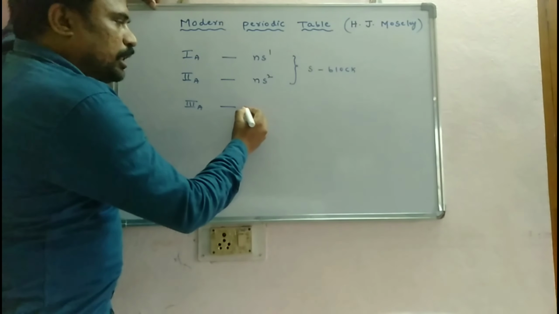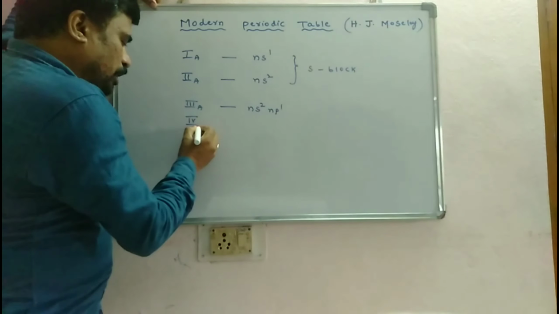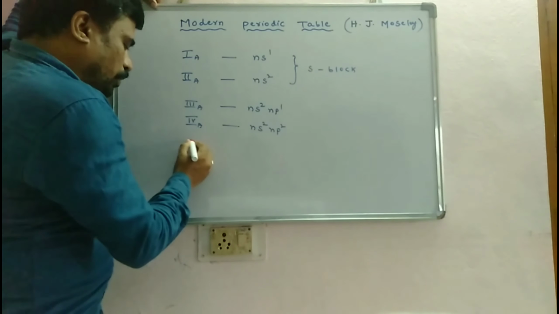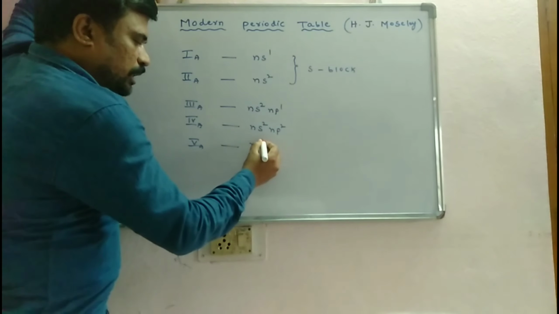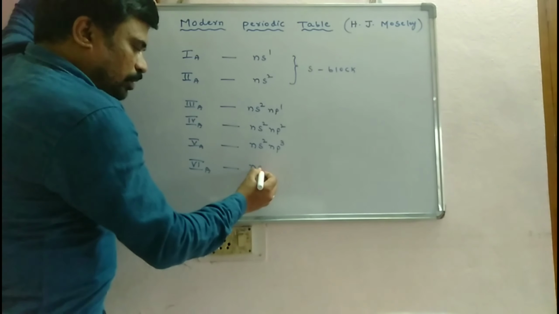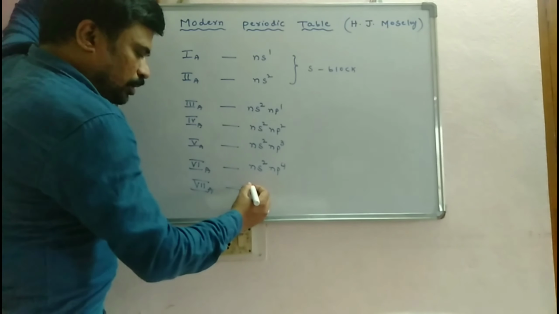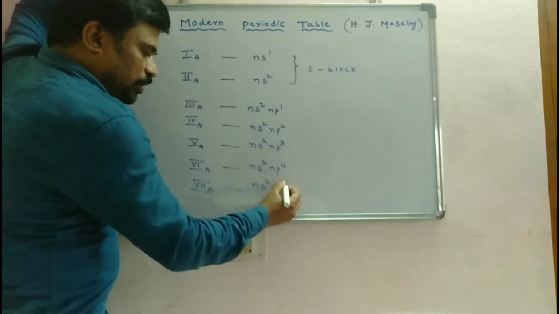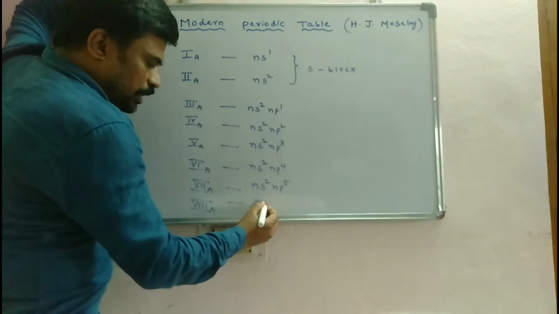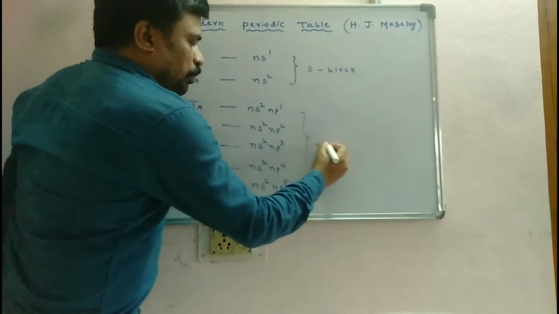So 3A group elements have general electronic configuration ns2 np1, and 4A group elements ns2 np2, and 5A group elements ns2 np3, and 6A group elements ns2 np4, and 7A group elements ns2 np5, and finally the noble gas elements, called the 8A group elements, have general electronic configuration ns2 np6. Right. So these are the P block elements.